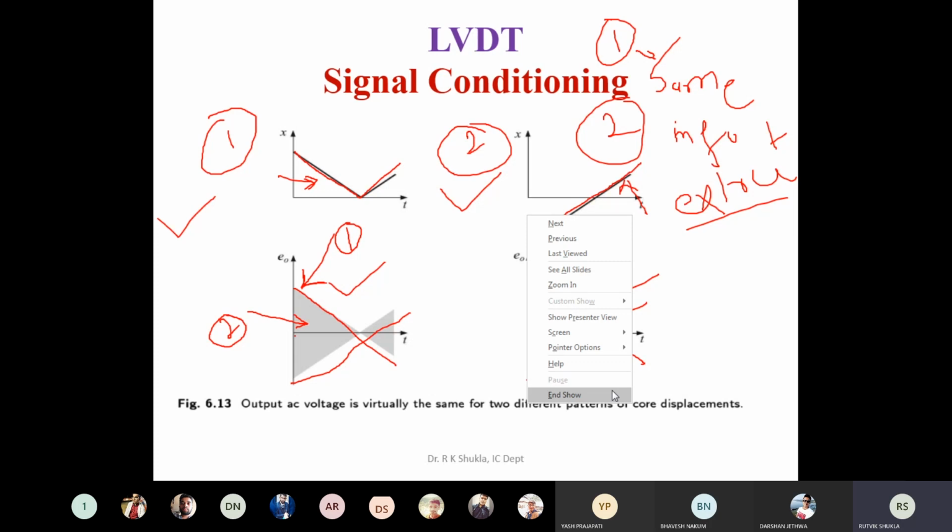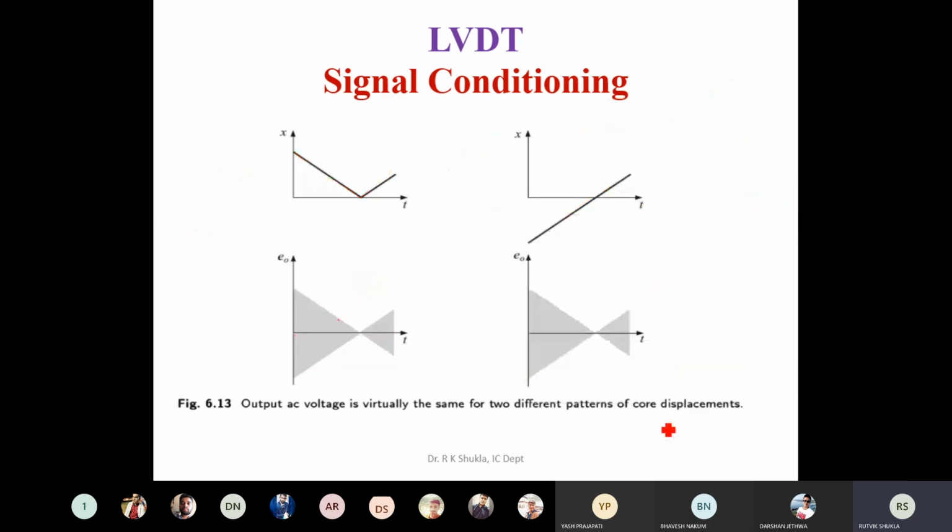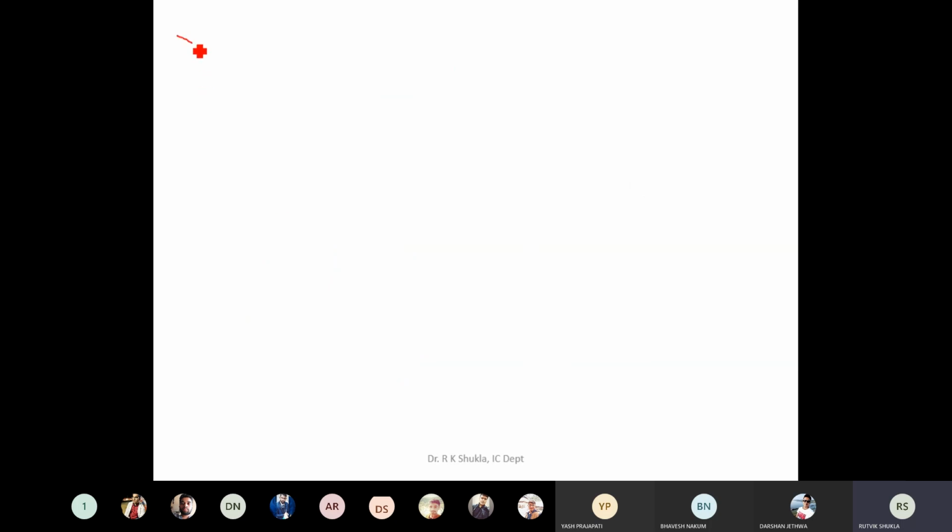So in order to clear these two problems, first we have to understand what this particular waveform looks like or what this particular information says. We said that inside this there is another information, and our own actual information is also there. So what does this particular output look like? In order to understand this, we have to understand one particular term which is generally used in describing the type of output which we are getting from LVDT.